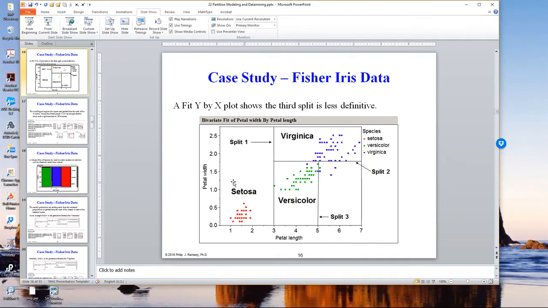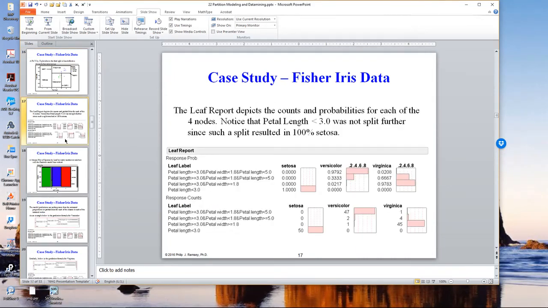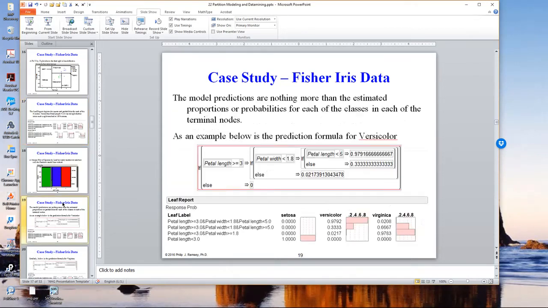And what's nice about partition modeling, okay, it's easy to understand, and I'm going to skip to slide 19. And the way this model works for prediction, if an observation falls in a node, it simply assigns the average or the proportion for that node.